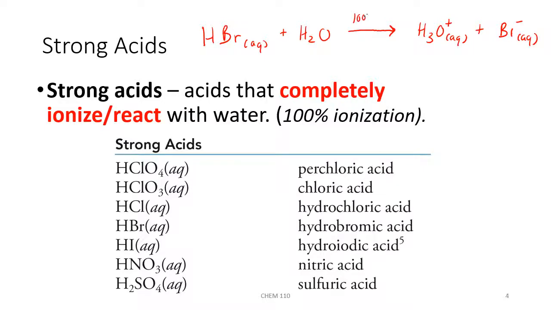This ionization occurs completely, which means hydrobromic acid is defined as a strong acid. All of the acids listed below will ionize 100%, which is what makes them strong. We're producing a lot of hydronium ion and a lot of bromide ion. Essentially, none of the molecular acid, such as HBr combined, is left together in solution.